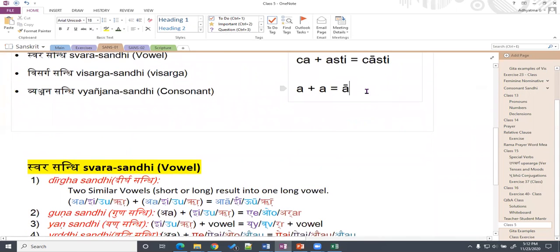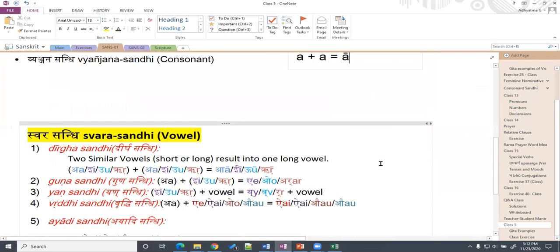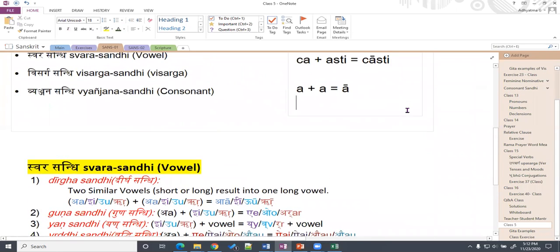But what we are saying is that it is not just this; even this combination, akara plus akara, will also be akara. So you see the resultant is always long a.